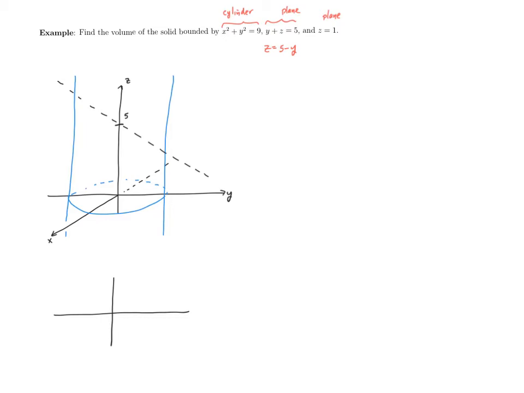Similarly, the solid is bounded below by z equals 1, and z equals 1 is a horizontal plane that would cut off this cylinder at the bottom. So let's put this together, and I'm going to get rid of some of these lines. Note our cylinder is bounded above by this plane, z equals 5 minus y, and below by z equals 1.